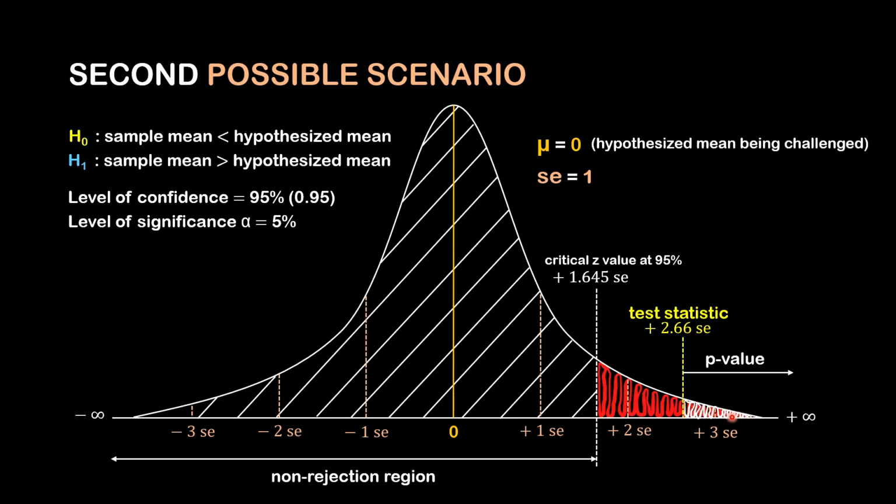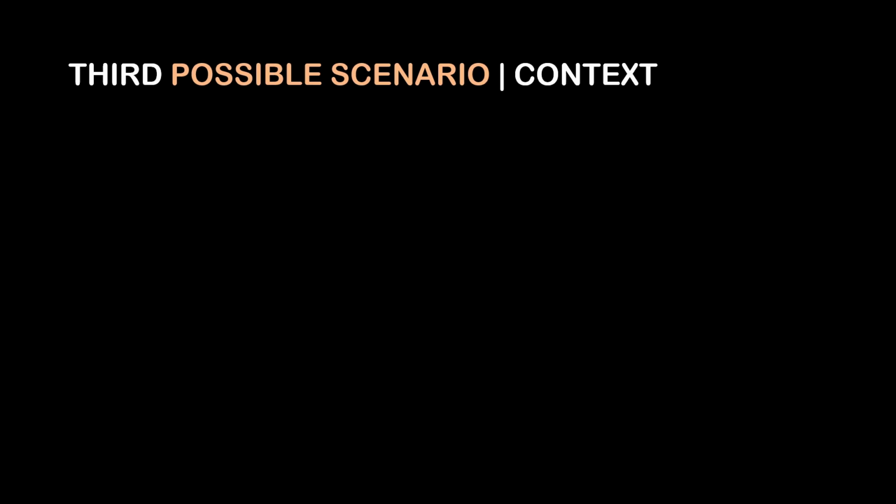So it's the area under the curve here, the white area under the curve. And that was it for our right tail test. So far we've seen the two-tail test, the right tail test, and the third possible scenario is the left tail test, which we are going to perform using a practical example as our guiding thread.